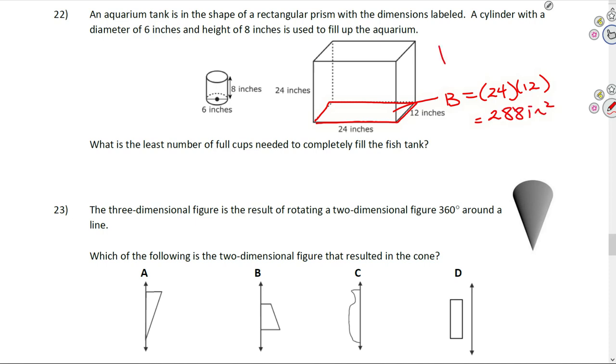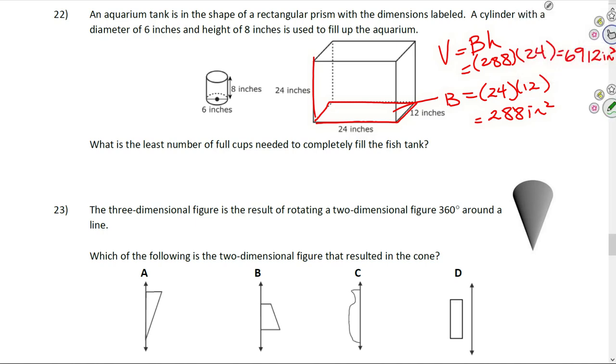And then the volume of this aquarium is the base, 288, times the height of 24 inches. So 288 times 24 is 6,912 inches cubed. Okay, so that is the volume of the aquarium.